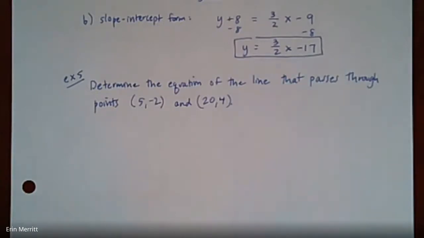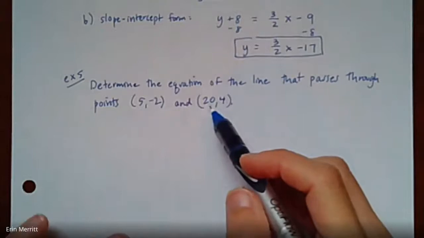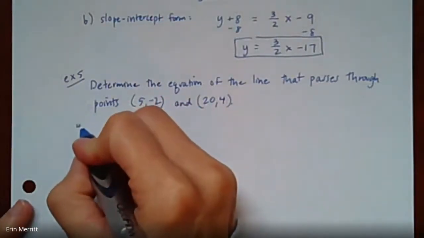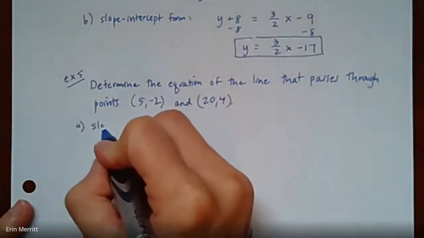In this case, I always want you thinking, regardless of which equation you use, you would still need to figure out what's the slope for either one, and then you either need to know the y-intercept or have a point to plug in. So in this case, we have 2 points to work with, but we don't have the slope, so you have to start by calculating that first.